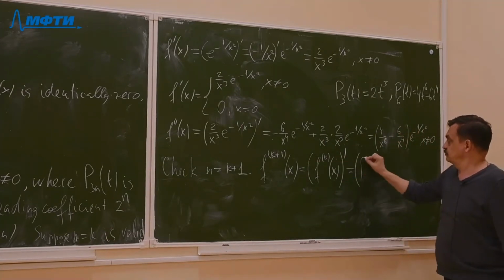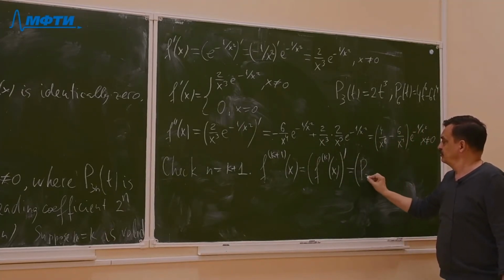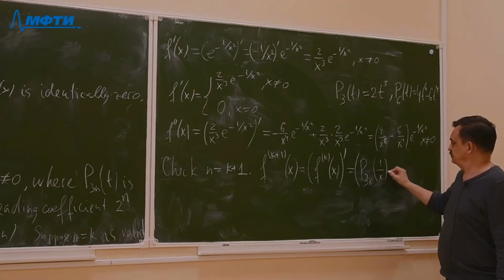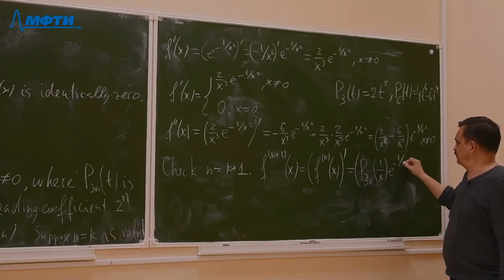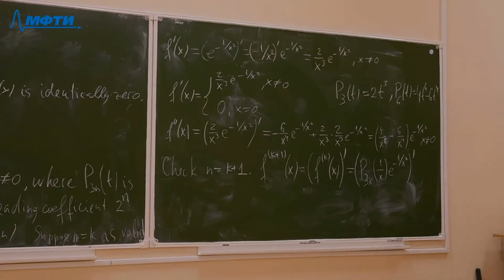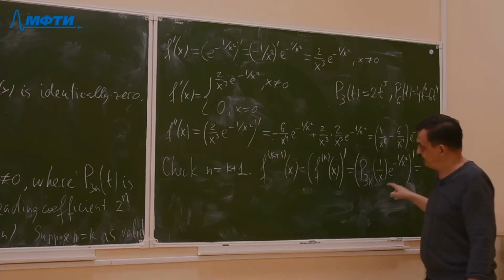So, P3k of 1 over x times e to the power minus 1 over x squared, prime. We differentiate. Now let's differentiate. We have a product.